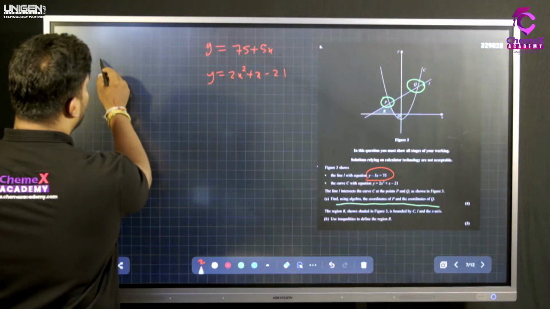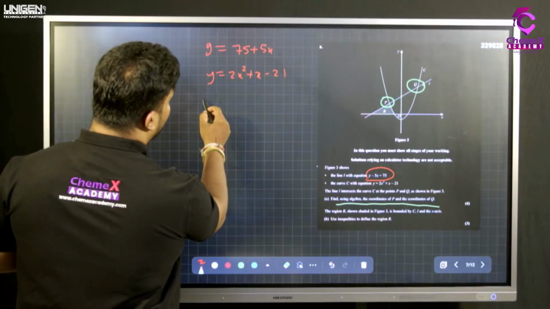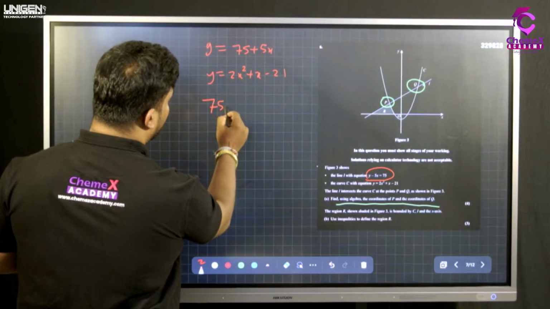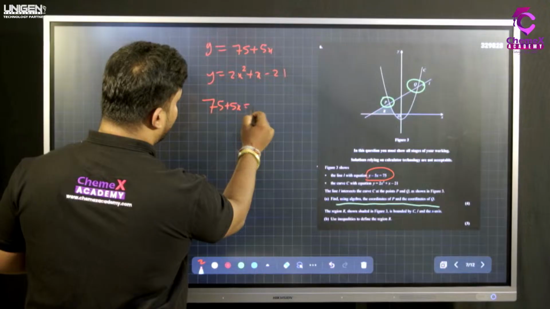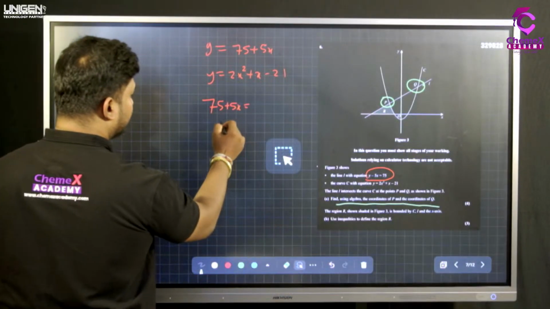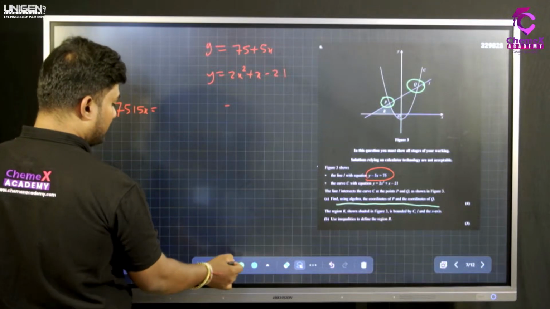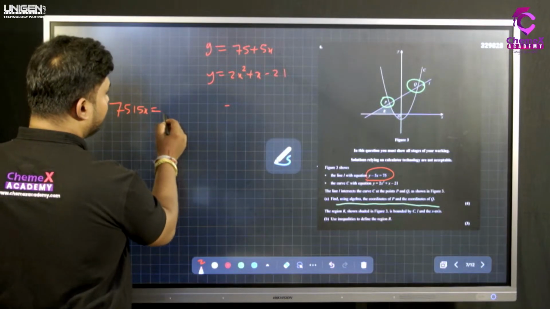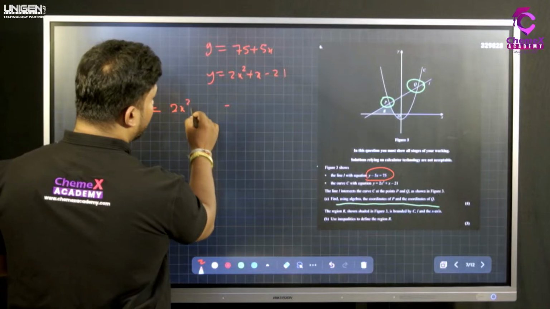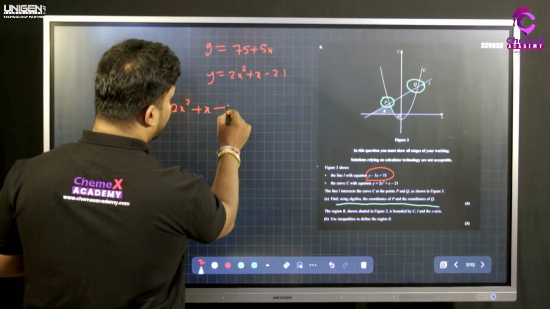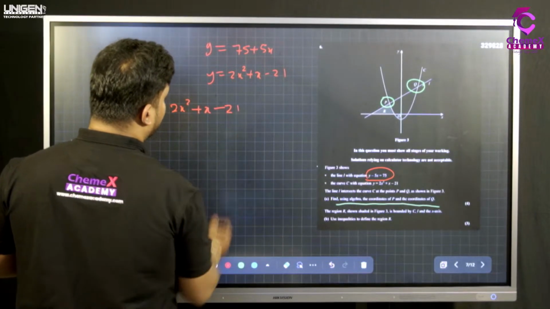So how do you do it? 75 plus 5x, I'm going to equate it with 2x squared plus x minus 21.